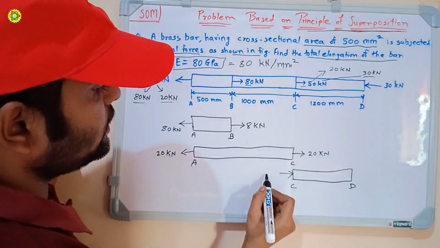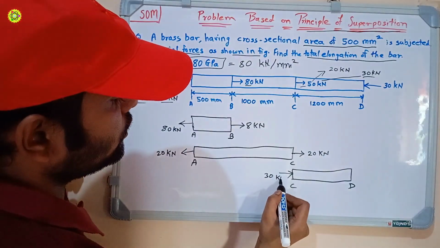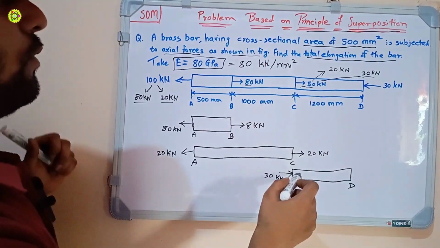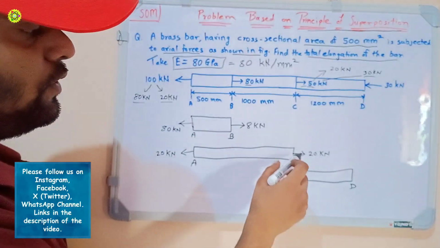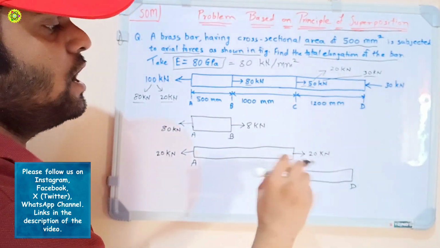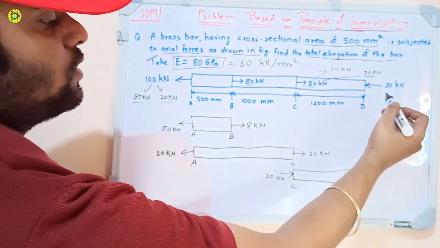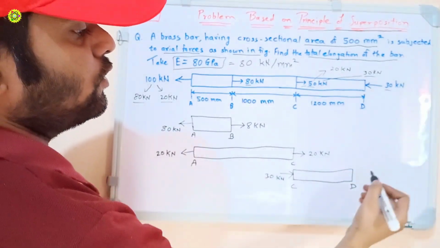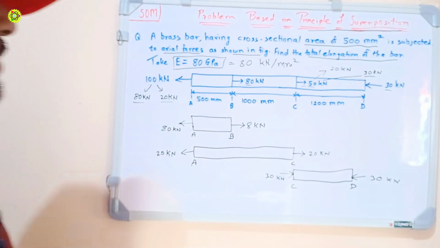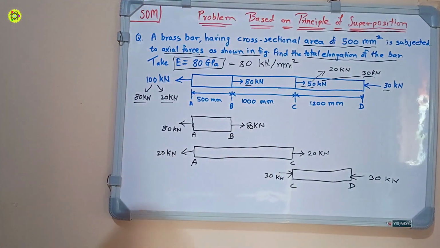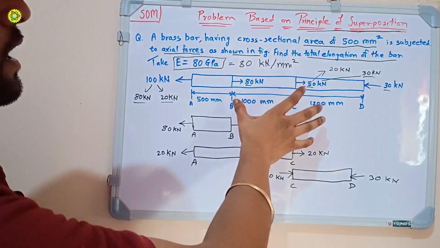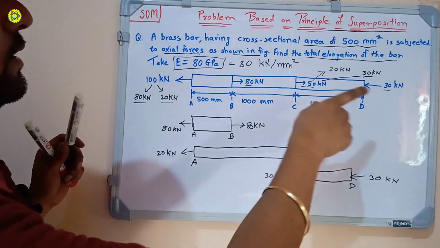As you can see, 30 plus 20 is equal to 50. So at point C we have divided this 50 kilonewton into 20 kilonewton and 30 kilonewton in the rightward direction, and at point D a 30 kilonewton force is acting. We have simplified this force distribution on the bar.